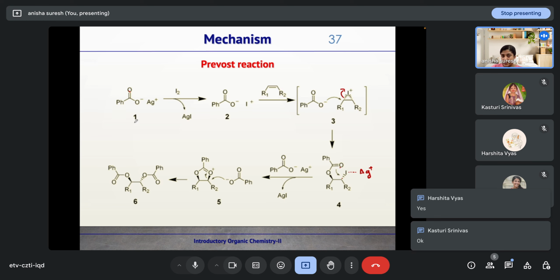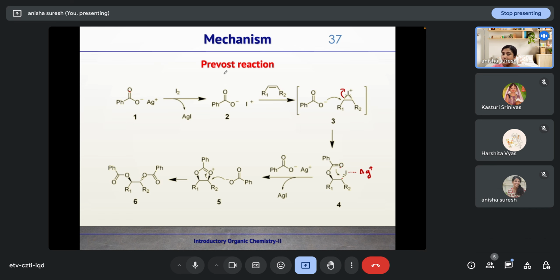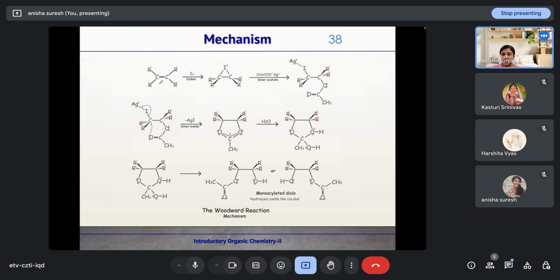Now instead of benzoate we are using acetate in case of Woodward condition. So this Woodward reaction is just a modification of the Prevost reaction. So here the iodine will form iodonium ion by reacting with this alkene. Here we are having silver acetate, so the CH3COO minus will come and attack in SN2 fashion and this bond will open up. So this intermediate will be forming.